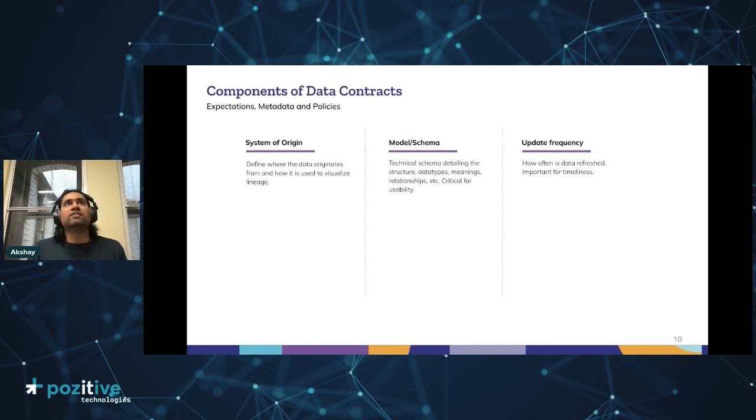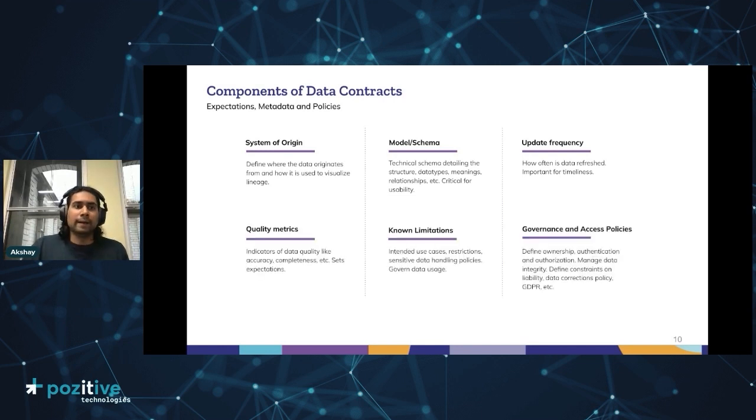So for example, if someone comes as a consumer and says, oh, I want data refreshed every 5 minutes, you may have to think about it in a very different way than if someone comes and says, oh, I want it every day, where you could go with a batch-based solution or something along those lines. And then you also need to relay this information back to your data producers or the inputs and systems of origin to see if it's even feasible to do this.